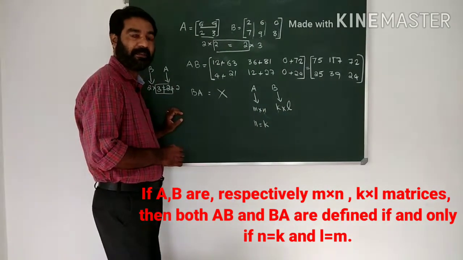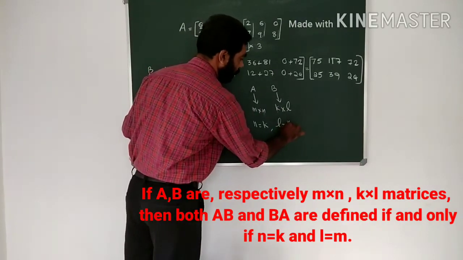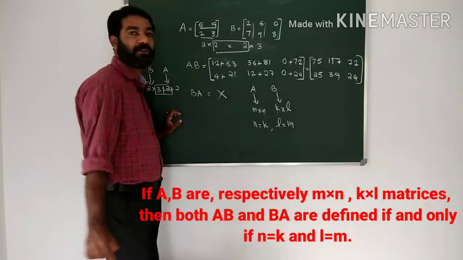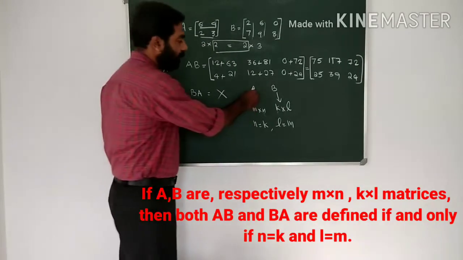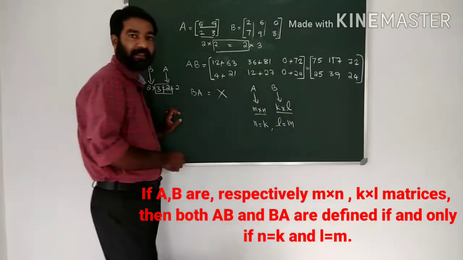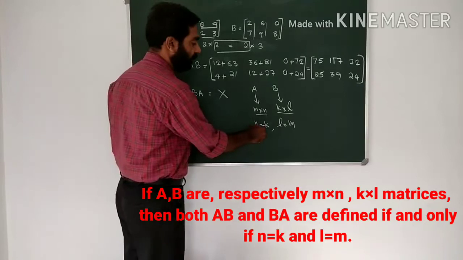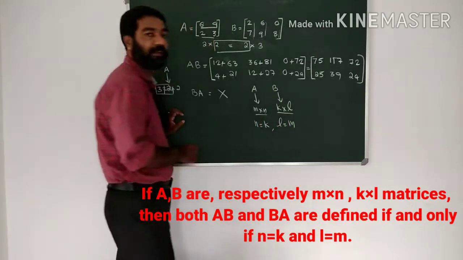We can multiply AB. And if L is equal to M, then BA is also possible. So, if A is an M by N matrix and B is a K by L matrix, then AB and BA both are defined only when N is equal to K and L is equal to M.